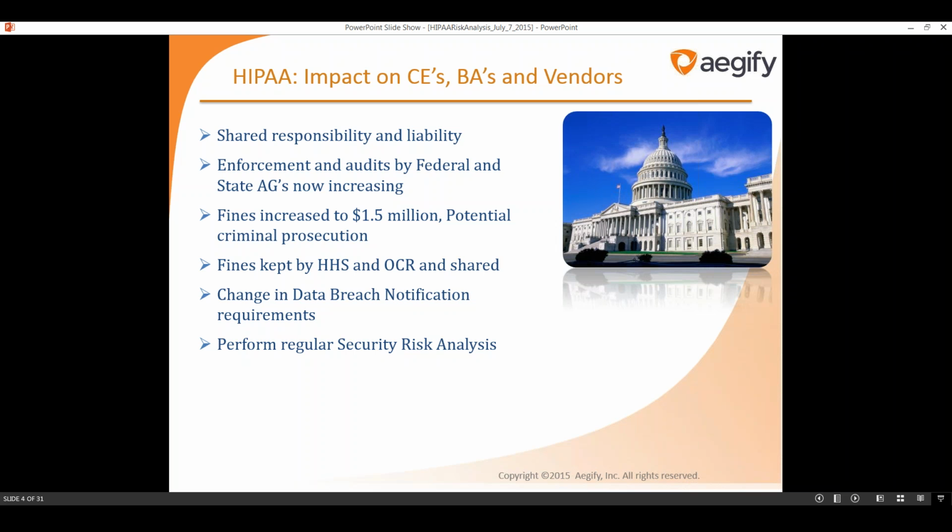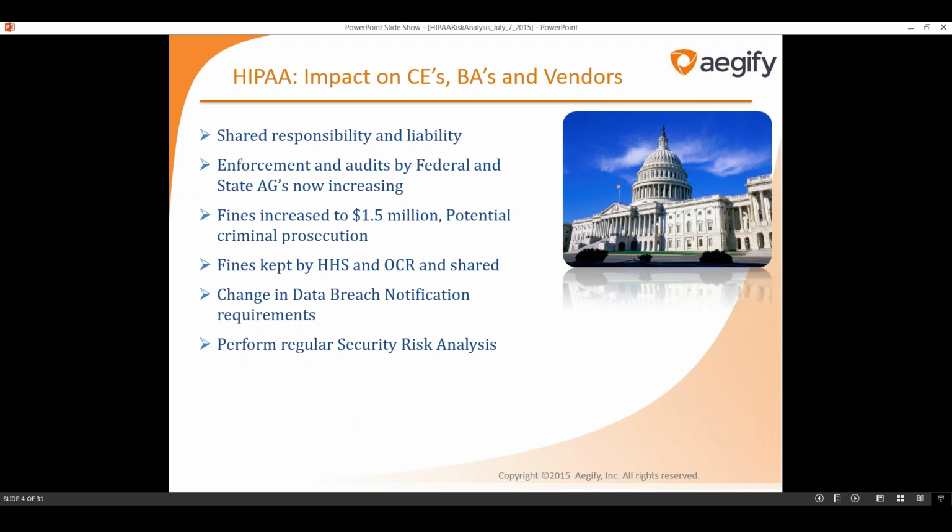And these fines are kept by HHS, Health and Human Services, and the Office for Civil Rights, which is the enforcement agency that the government has. And not only that, there are some provisions for whistleblowers to get a part of the proceeds.